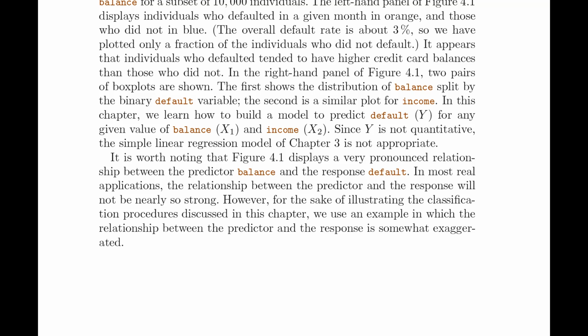Since y is not quantitative, the simple linear regression model of chapter 3 is not appropriate. We're not going to be fitting lines, planes, or any other linear geometrical object. It is worth noting that figure 4.1 displays a very pronounced relationship between the predictor balance and the response default.